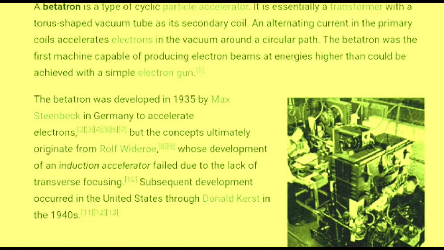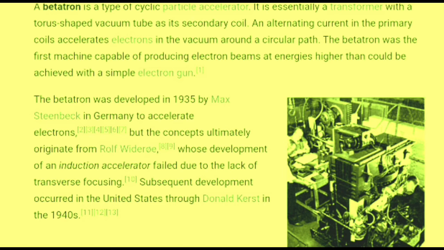It is essentially a transformer, like you can see in the figure, with a torus-shaped vacuum tube as its secondary coil. An alternating current in the primary coil accelerates electrons in the vacuum around a circular path. The Betatron was the first machine capable of producing electron beams at energies higher than could be achieved with a simple electron gun.